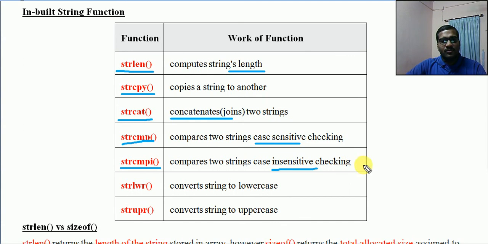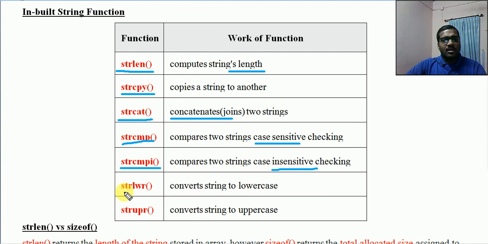Now if we compare these two, it will check only the spelling, not the case. Whether it is a capital or small letter, both names seem to be the same. So it is a comparison based on case insensitive, which means case is not important.